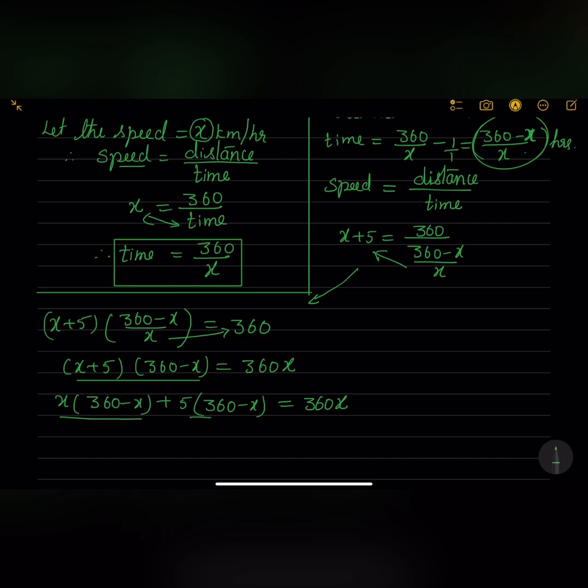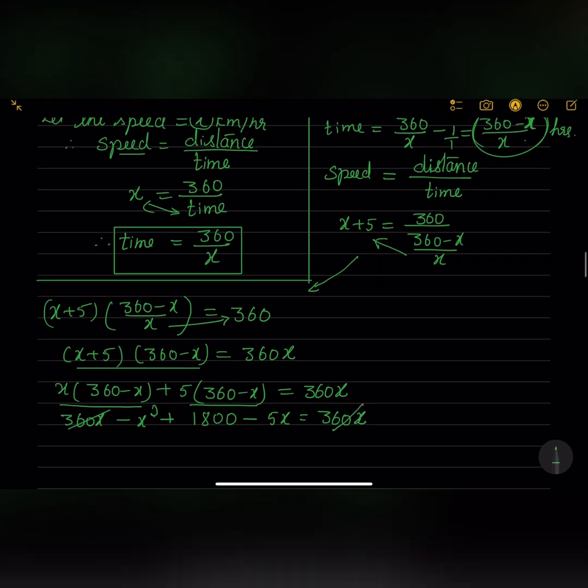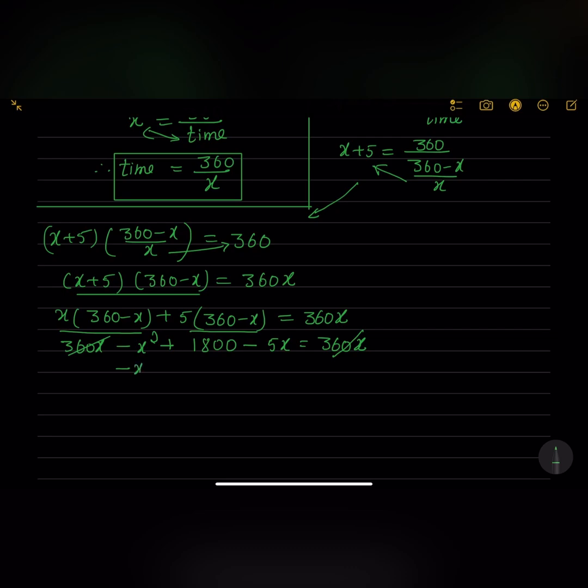If we multiply these terms, we'll get 360x minus x square plus 1800 minus 5x is equal to 360x. LHS 360x and RHS 360x can be cancelled. We are left with minus x square plus 1800 minus 5x equal to 0.